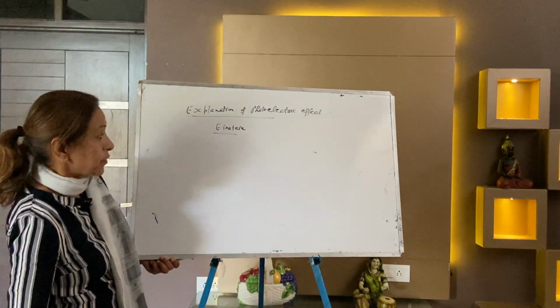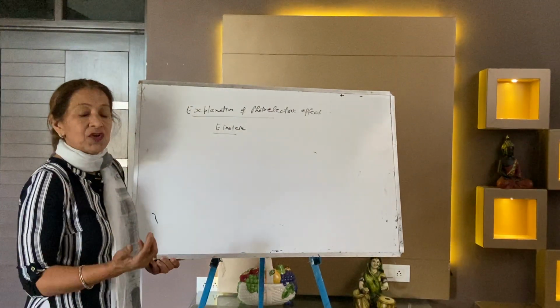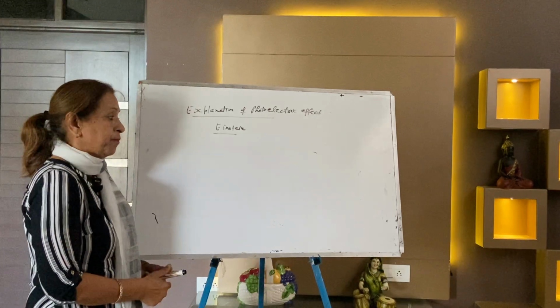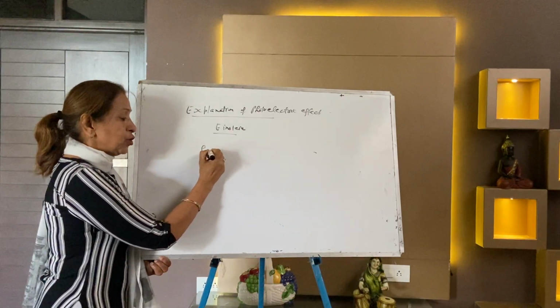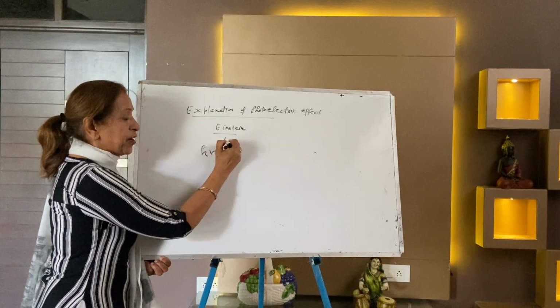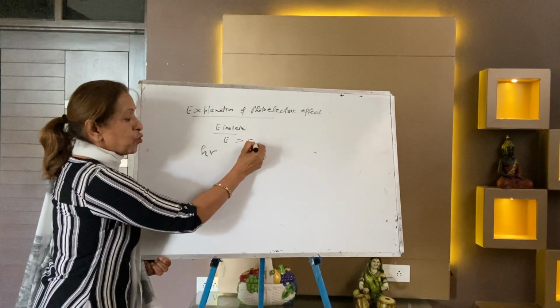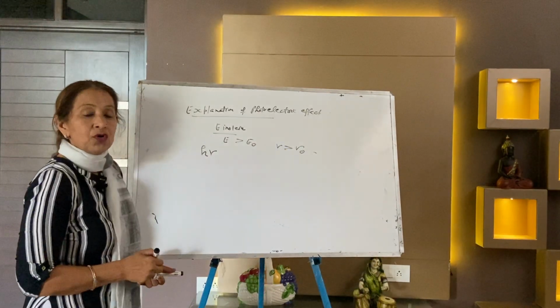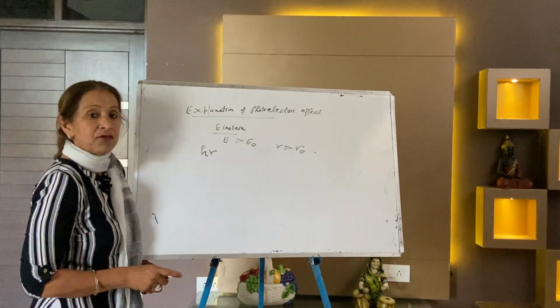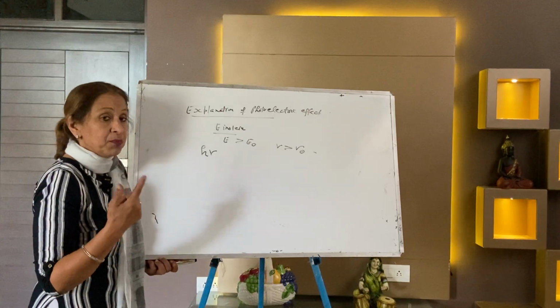Now Einstein explained these three observations in a mathematical form. h nu, that is E, is greater than E naught, or you can say nu is greater than nu naught. So what is nu naught? Threshold frequency. And what is E naught?